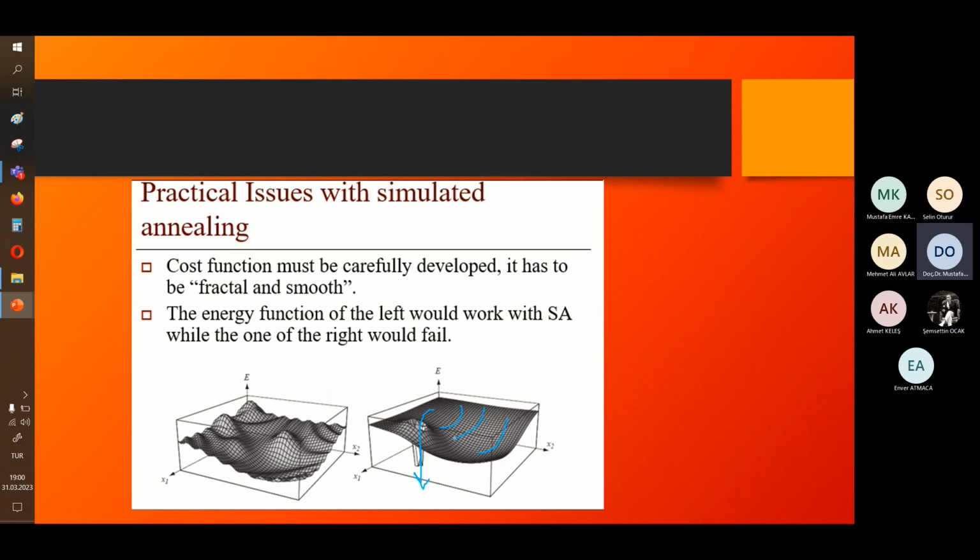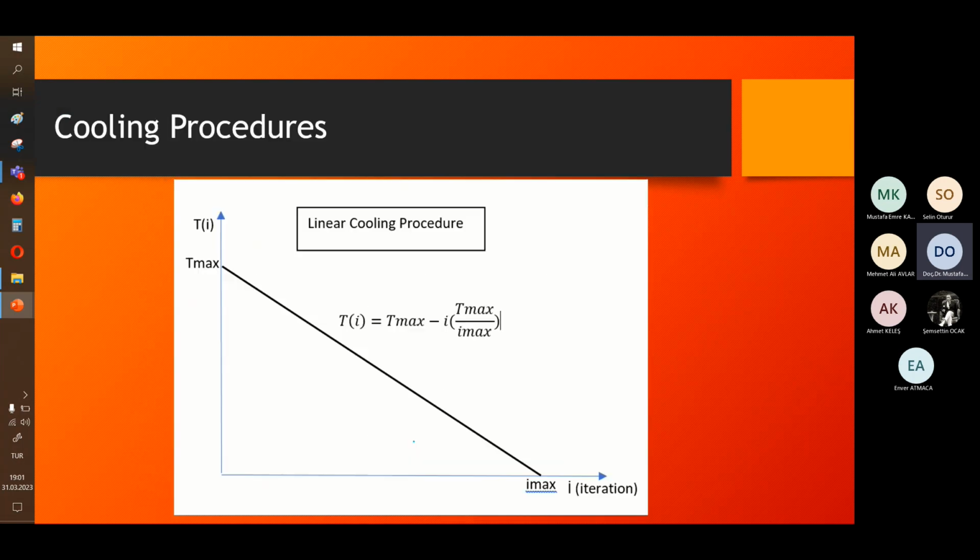So this will be deceiving for the algorithm, and in order to find the minimum, it will be following that path, but all of a sudden there are sudden changes here. So simulated annealing will be failing to find where the minimum is. But for example, in this one, most probably it will be finding the minimum point because there are no sudden abrupt changes in the cost function. So if you can write a smooth cost function, you should be preferring that smooth function. Your fitness function shouldn't have sudden changes in the search space.